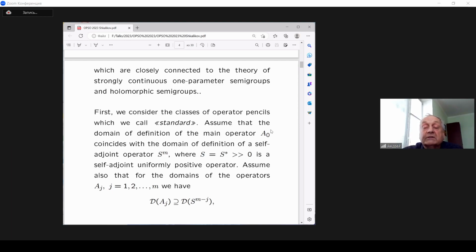So it is sufficient that A_0 is a closed operator. And S is important for us in the future.